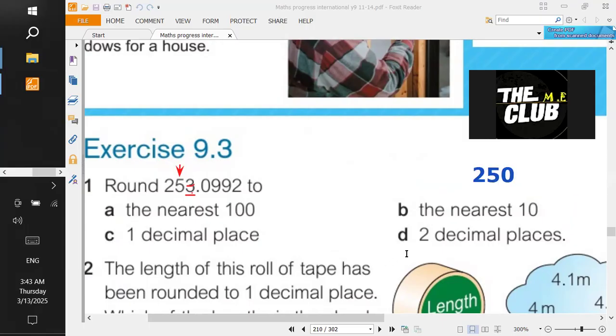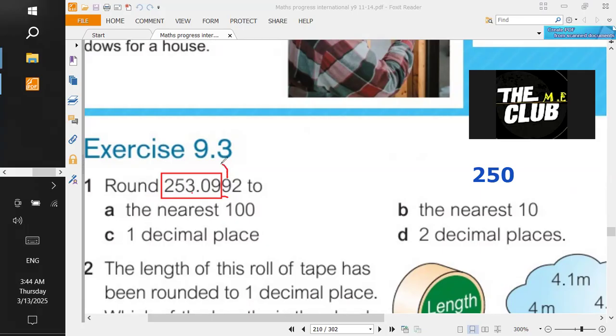And then the last one, the nearest two decimal places. Now, rounding for two decimal places, same idea as one decimal place, but it means we need two decimal places in the answer. So basically, we take a rectangle like this, we include the number and two decimal numbers inside the box or the rectangle. Then we look at the number after, which is the 9.